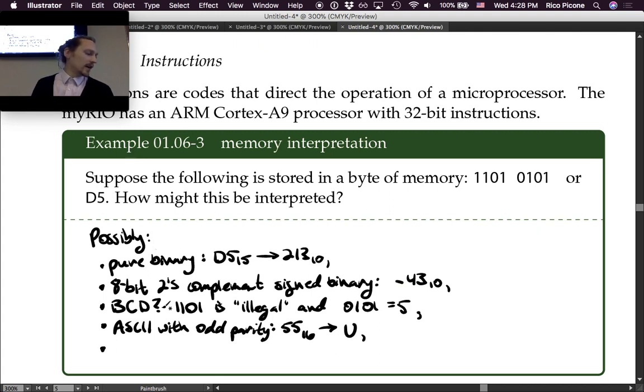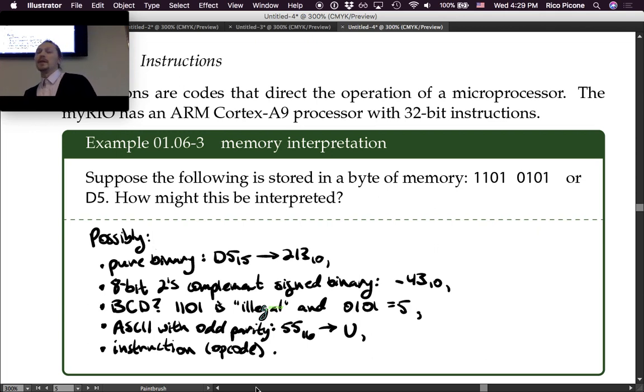Or, final one, it could just be an instruction, or often we'll call these things opcodes. And there are obviously more possibilities than this too. These are just some possibilities. It could be part of some larger piece of data that we're only getting a little bit of.